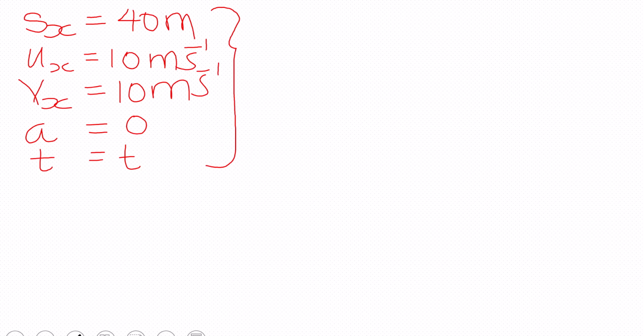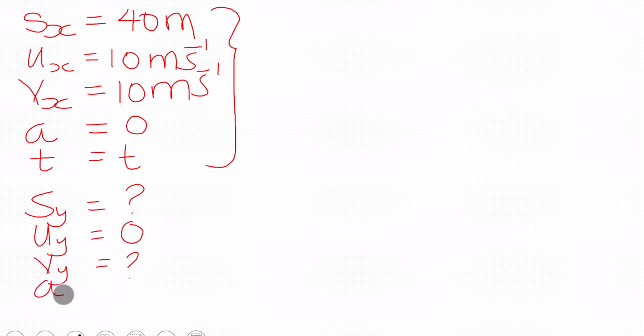t. Then you can also summarize the information for y, which is, let's say sy is unknown and this is what they want. We know that u in the y for horizontal projection will always be 0. Then v in the y will have a value. Then acceleration will always equal 9.8 meters per second squared.